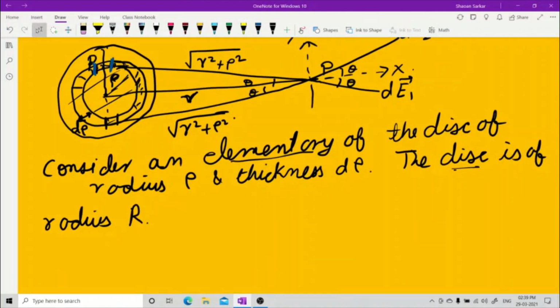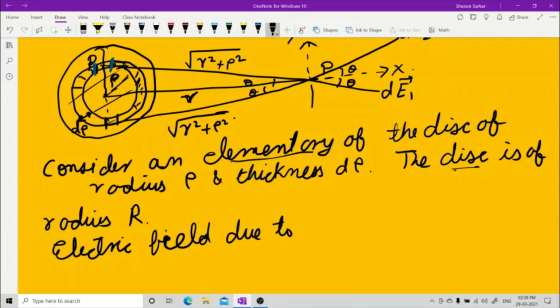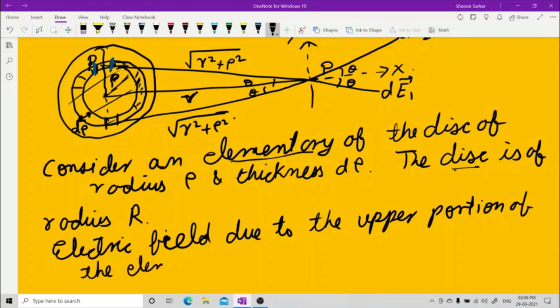Now, the electric field due to the upper portion of the elementary disk is dE1.